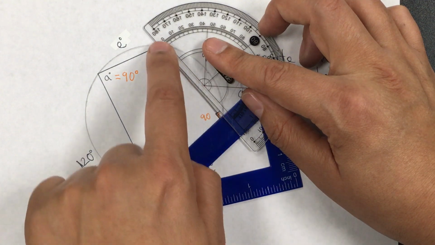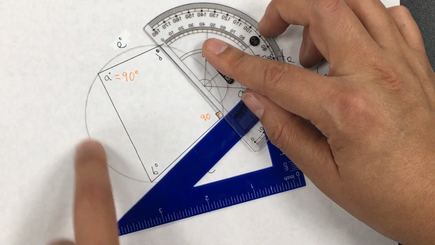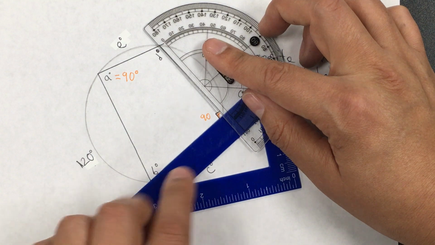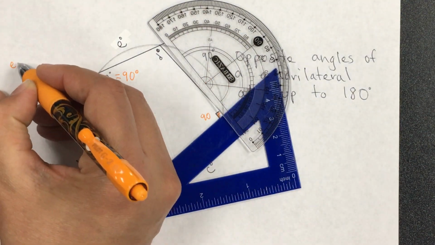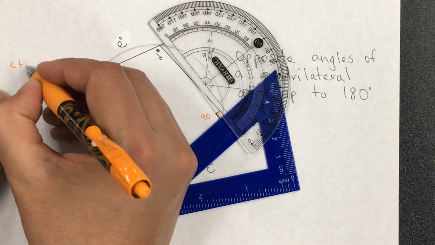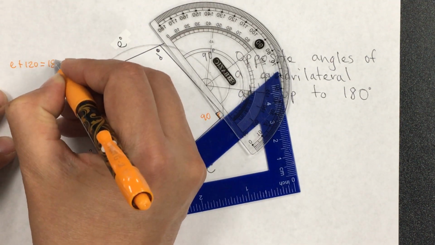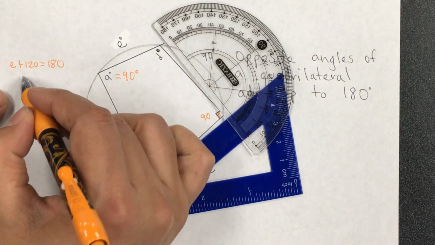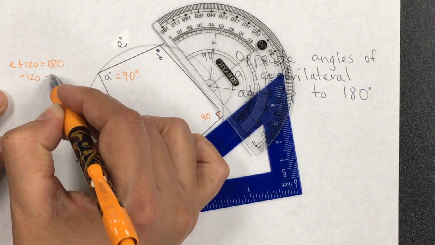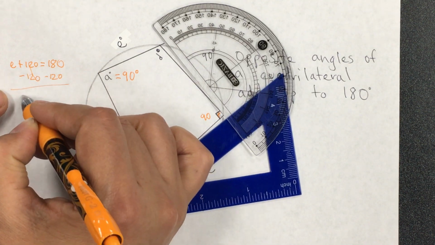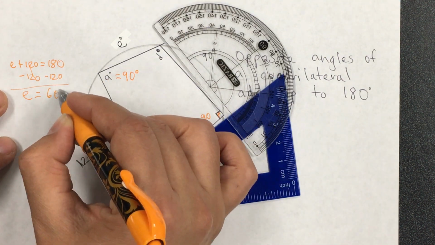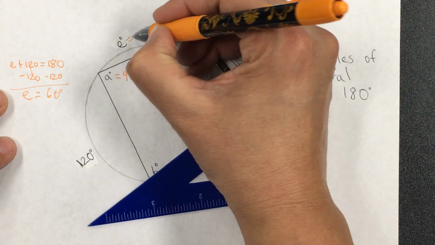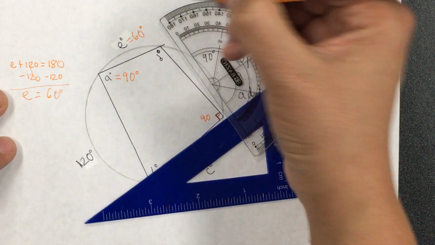So if this is 90, all of this is 180. So we can say that E plus 120 will give me 180. If I subtract 120 from both sides, my E will be equal to 60. So this is 60 degrees.